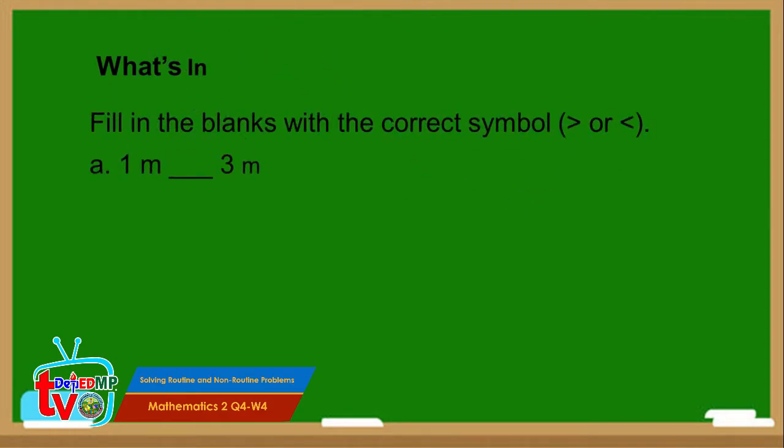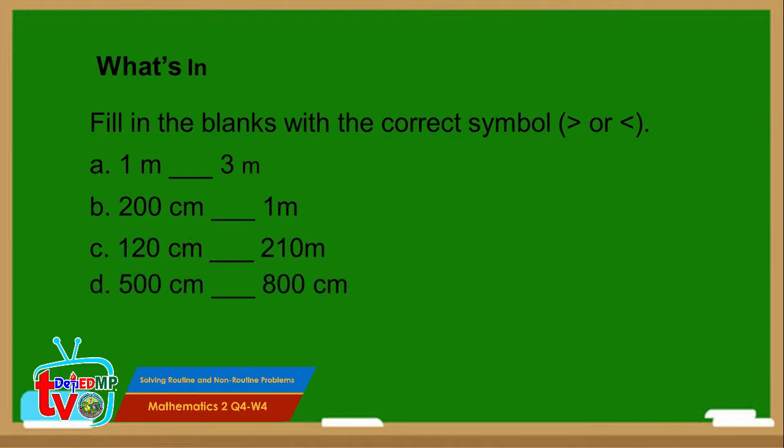Letter A. 1 meter is blank than 3 meters. Letter B. 200 centimeters is blank than 1 meter. Letter C. 120 centimeters is blank than 210 meters. Letter D. 500 centimeters is blank than 800 centimeters.